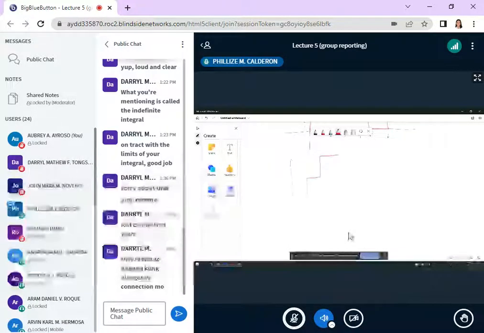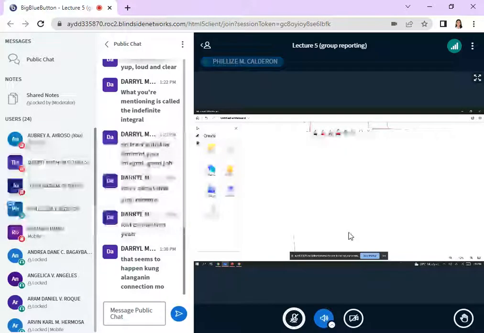Then hanggang time 3, bumaba siya ng 6. Then baba ulit siya ng time 4, diretso na yun. Then, hanggang 1. So, magiging ganyan itsura ng ating signal.